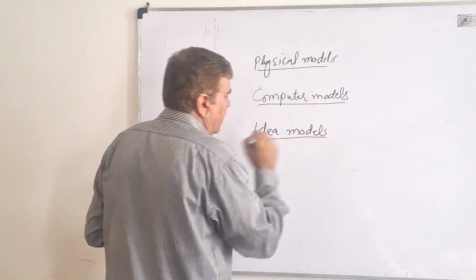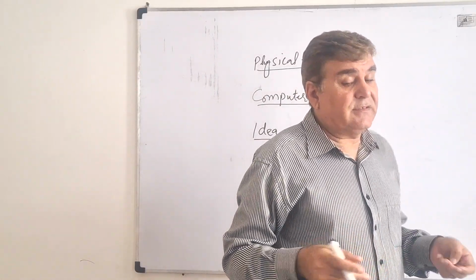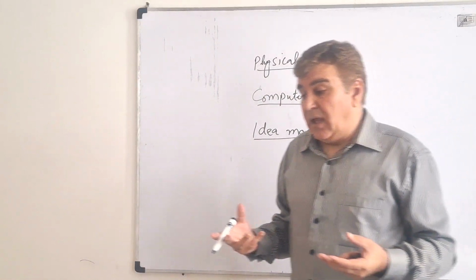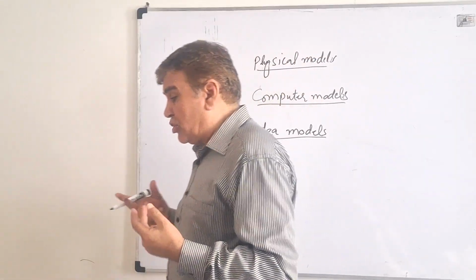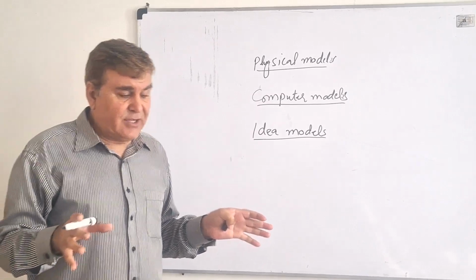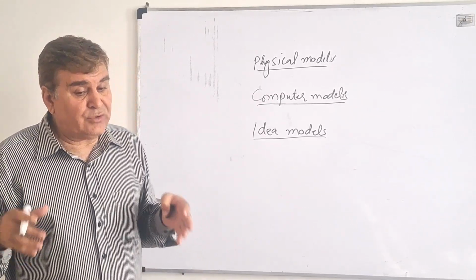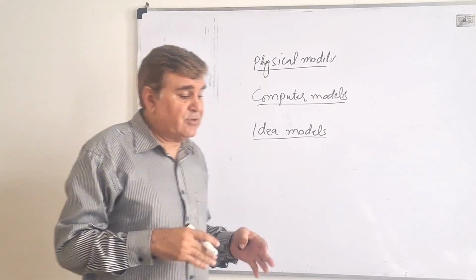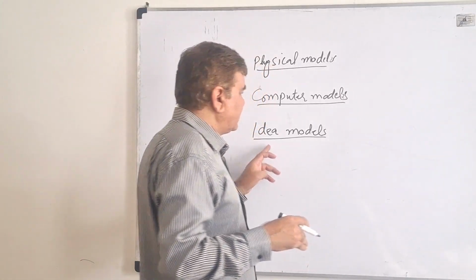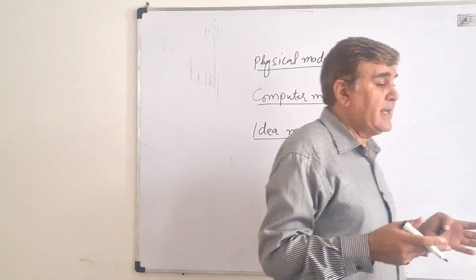Idea models are based on certain concepts, on certain ideas, and scientists try to represent their ideas, their concepts in terms of equations, and then try to solve those equations to reach certain conclusions. On that basis, idea models are also called theoretical models.